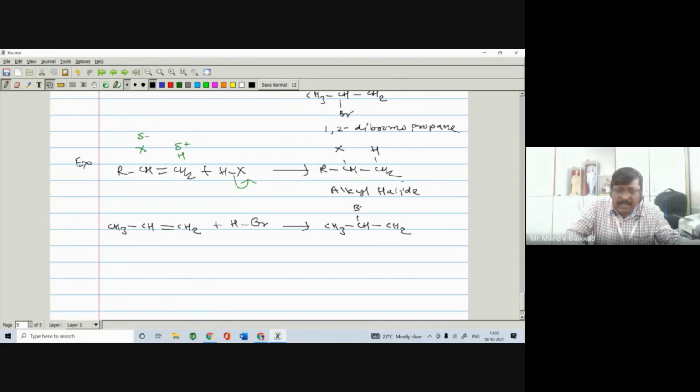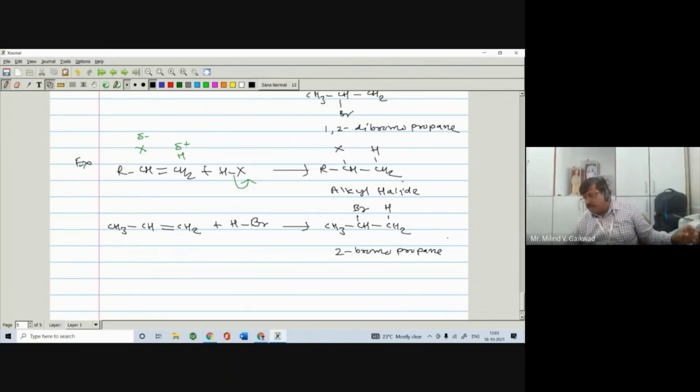So Br will attack on carbon having one hydrogen, and this H positive will attack on carbon having the more number of hydrogen, 2 hydrogen. So you get the 2-bromopropane, right? So in this way you can write the number of reactions. So here you have seen the chemical reactions given by this compound.